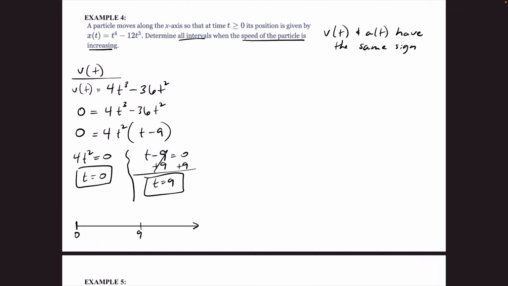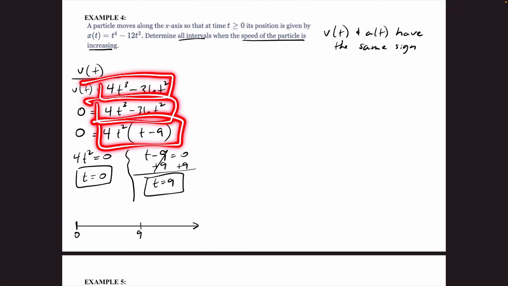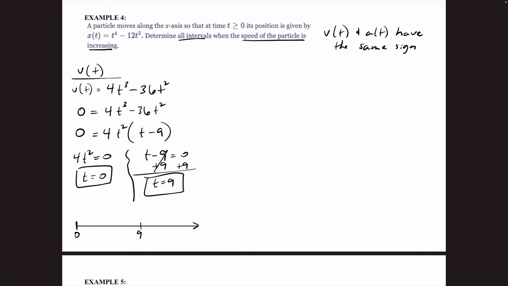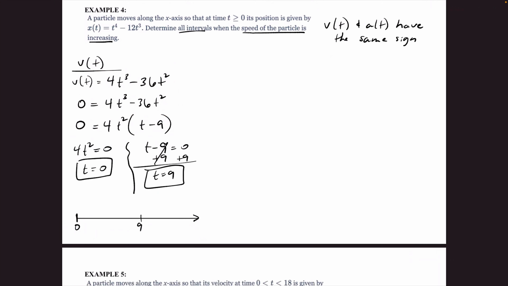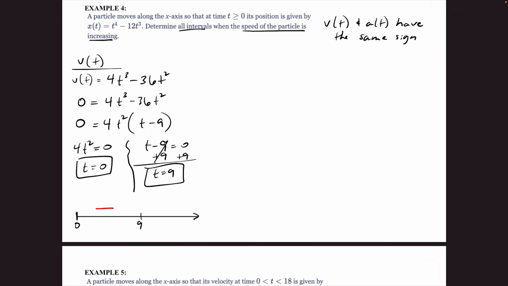If I plug in 1, I get a positive times a negative, which is a negative. After 9, when I plug in 10, positive times a positive is going to be a positive.